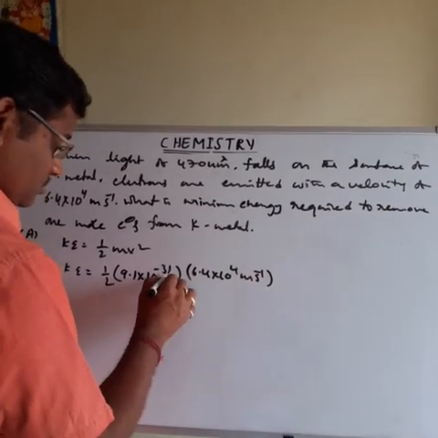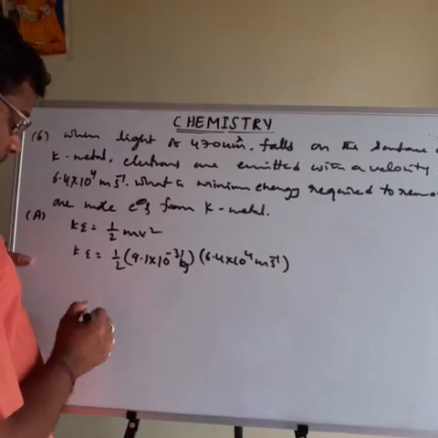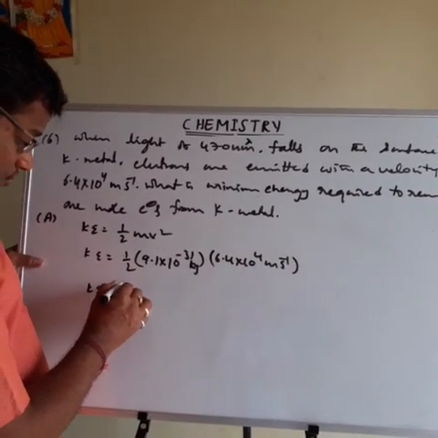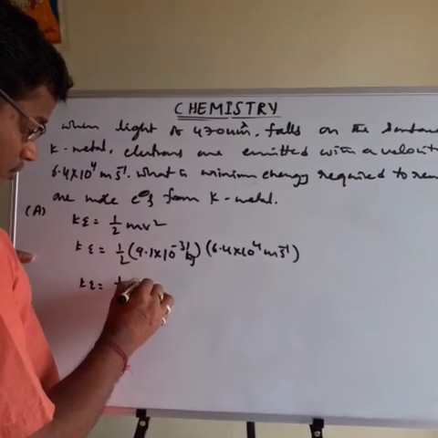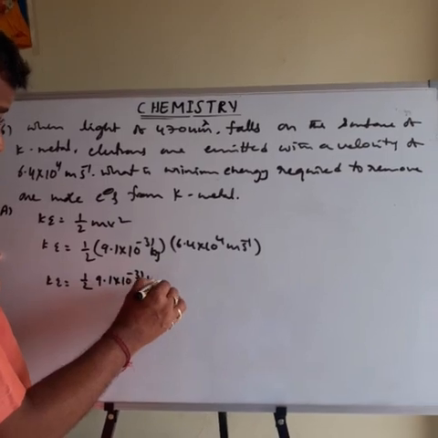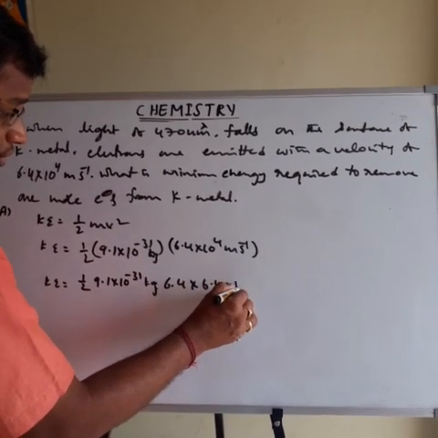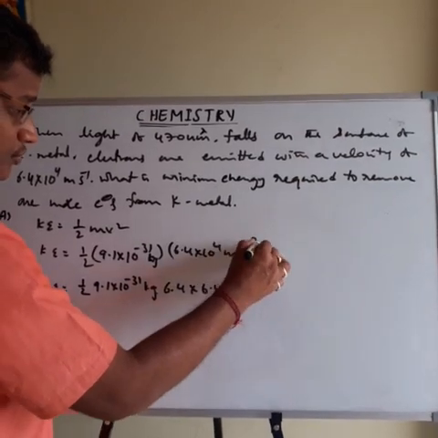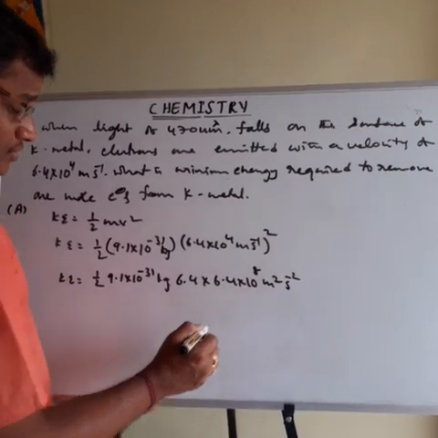Therefore kinetic energy is equal to 1/2 into 9.1 into 10 power minus 31 kilograms, into 6.4 into 10 power 4 whole square, 10 power 8 meter square second power minus 2.